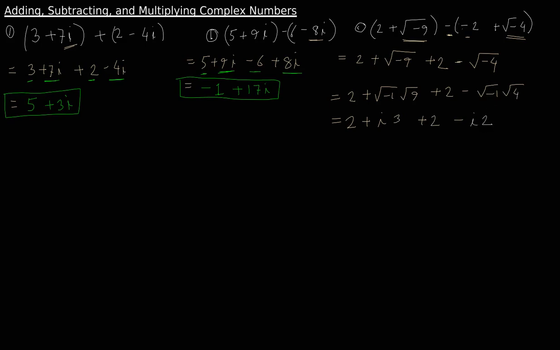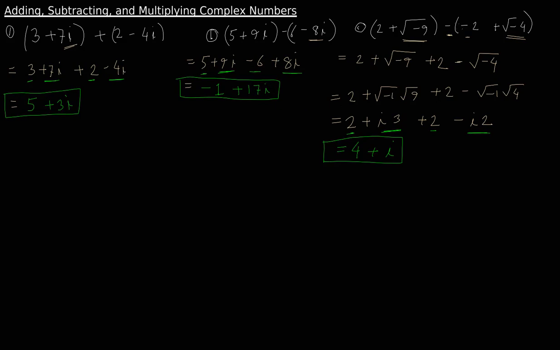Now let's add, so 2 plus 2 is equal to 4, and then positive 3i minus 2i is going to be positive 1i. So that is our answer. These are the three examples we did for adding complex numbers.